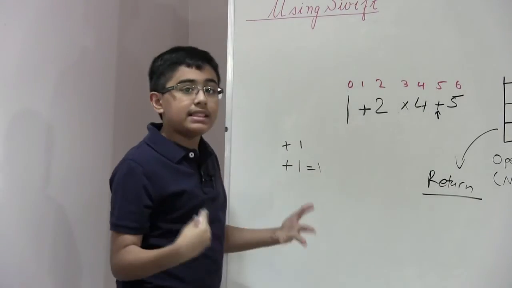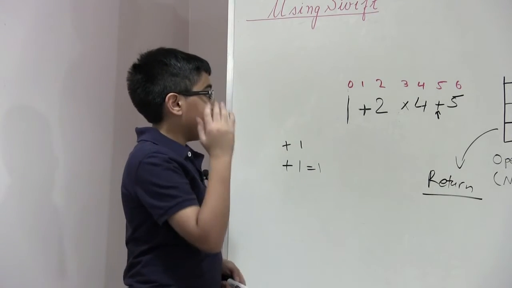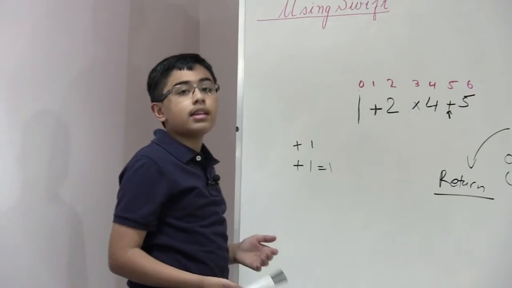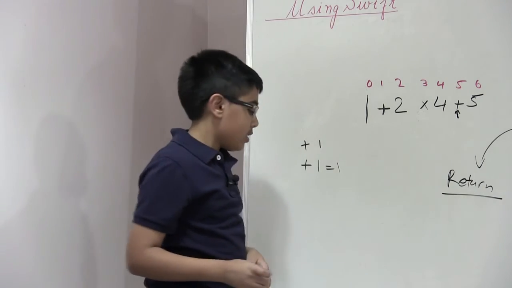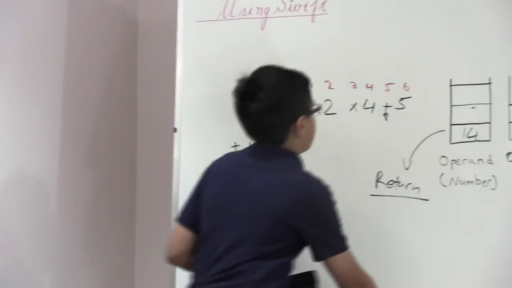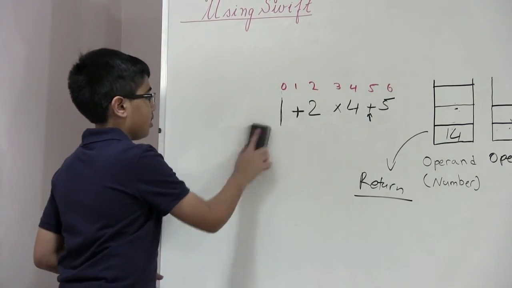So that's the really basic method of how this works. Now that you know exactly how this works, I'm going to give you one more example before we go to the Mac part.